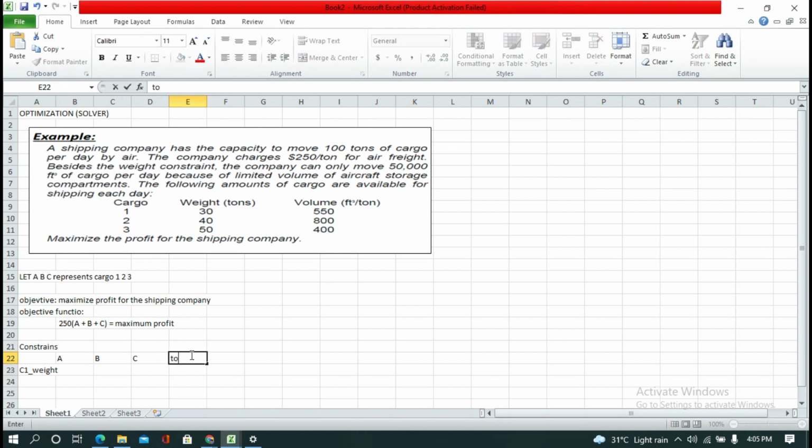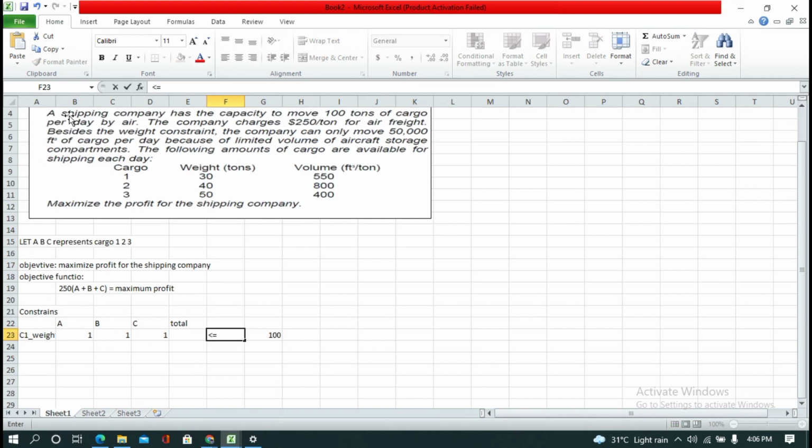So we need to do total. By that, we have an idea that the maximum tons the shipping company can carry per day is 100. So we have 1 times cargo A, and 1 times cargo B, then 1 times cargo C must be less than or equal to 100. So that is our first constraint.